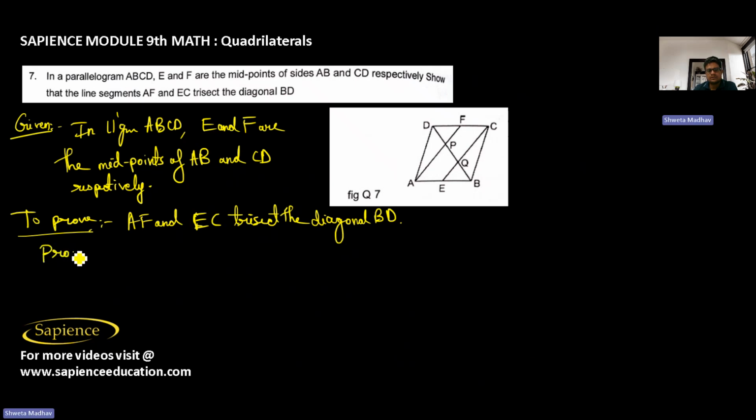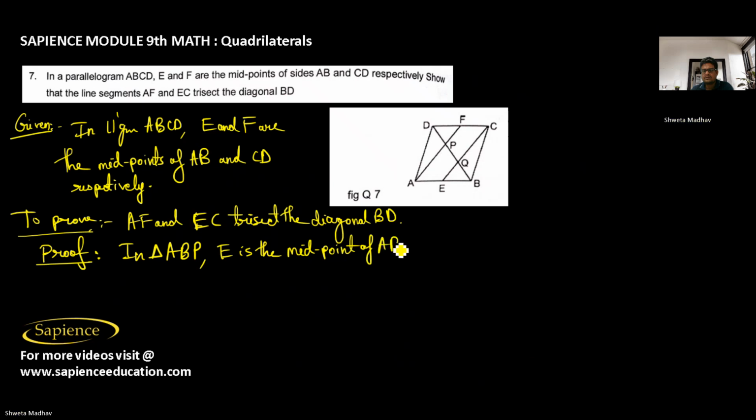So here the proof is, I will say, in triangle ABP, E is the midpoint of AB, which is given.